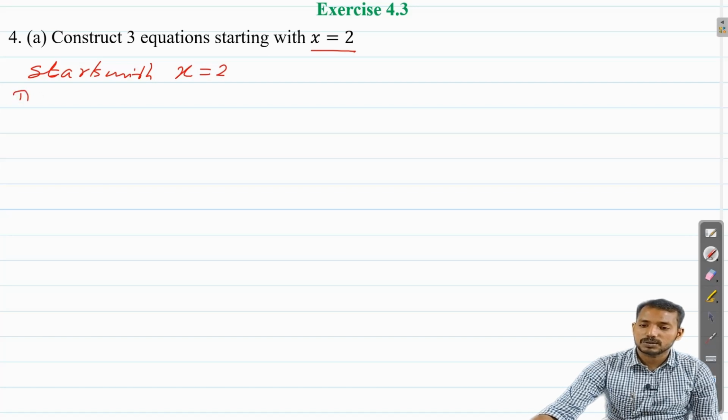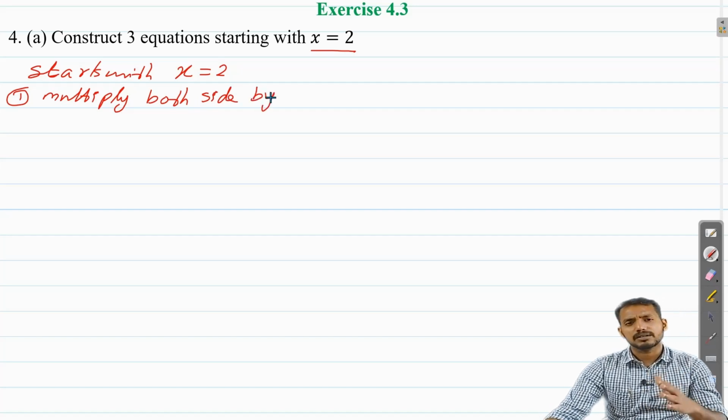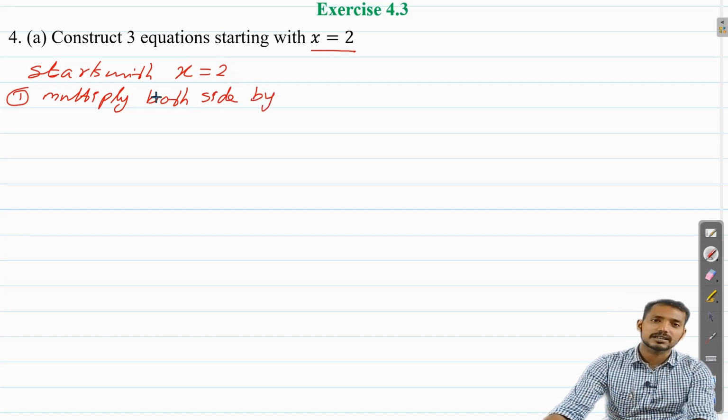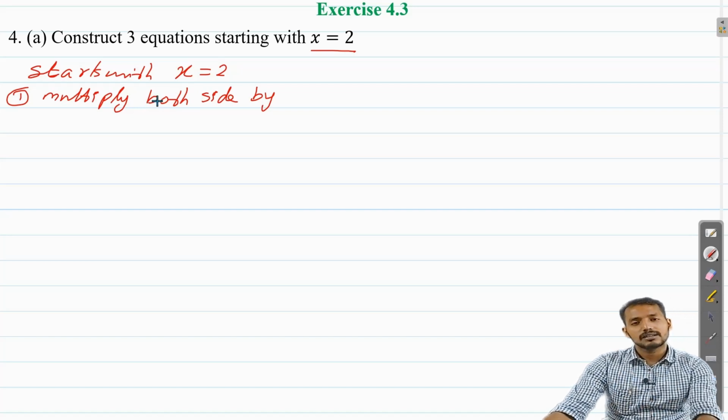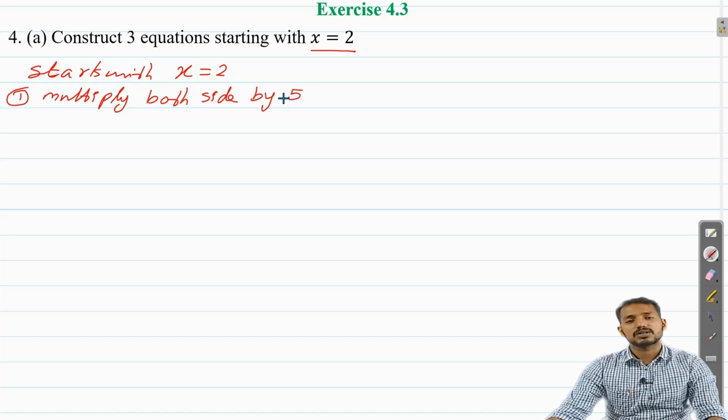First thing I am going to do is multiply both sides by any number. Multiplication, addition, division, anything can be done. Okay, I am just taking multiplication by any particular number like 5. Multiply both sides by 5.